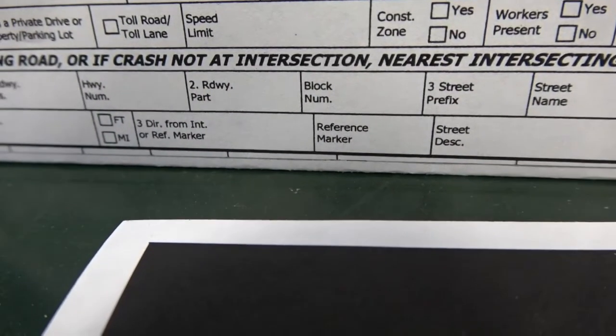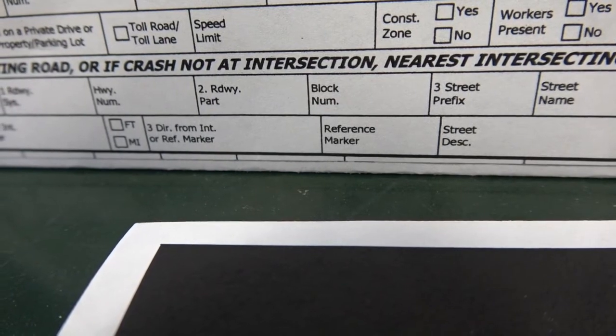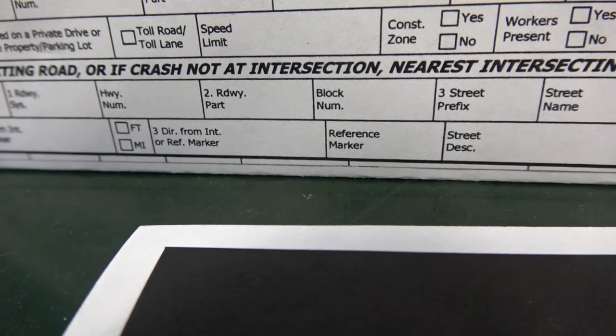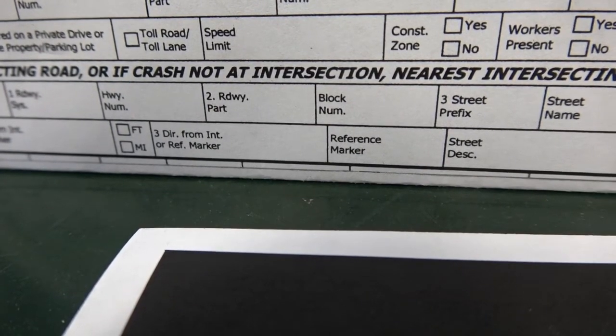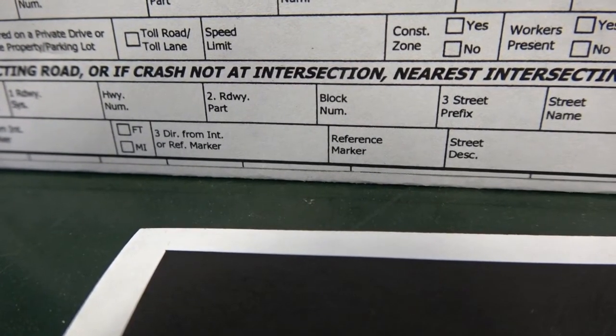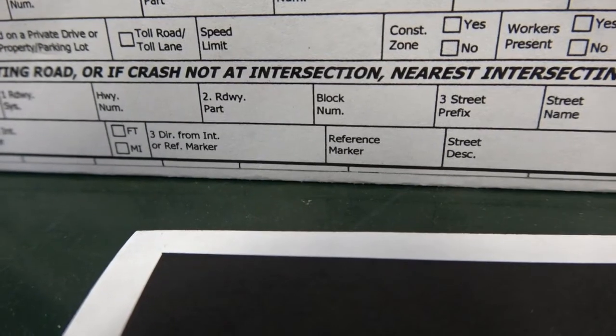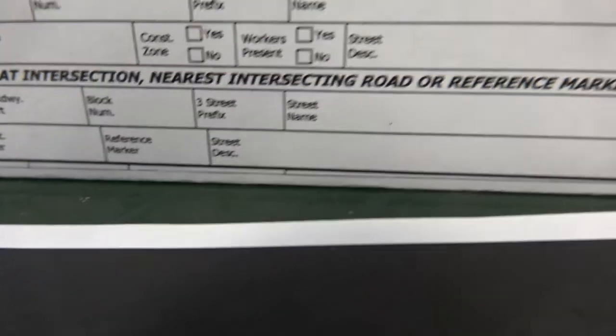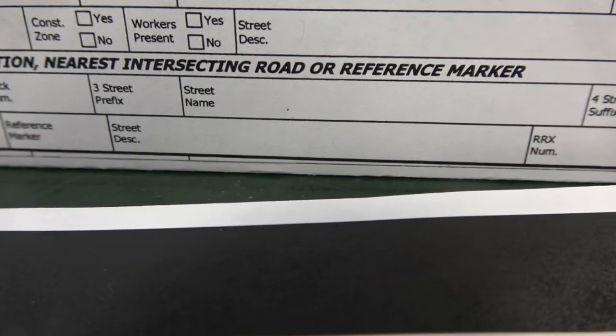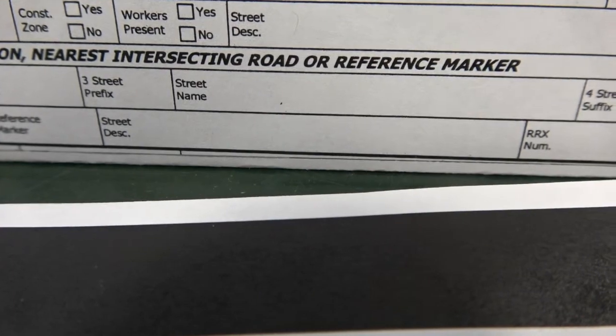Direction from the intersecting street or reference marker, self-explanatory. It'll be north, south, east, or west. Do not use northeast, do not use southeast. Everything is a 90 degree north, south, east, and west. Reference marker, that's not going to be applicable for us. Street description, again, this is the only place you can put what you want to remind yourself.